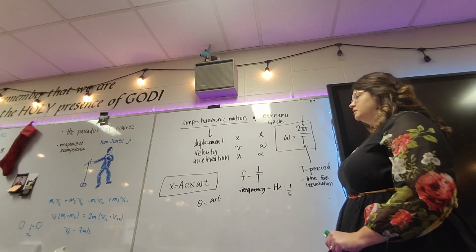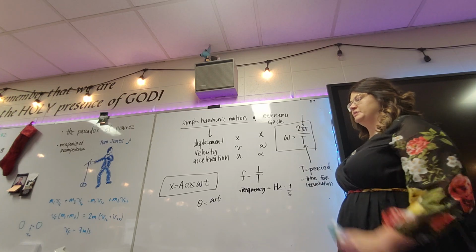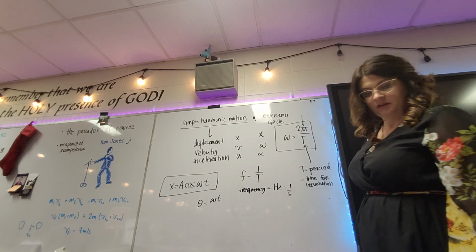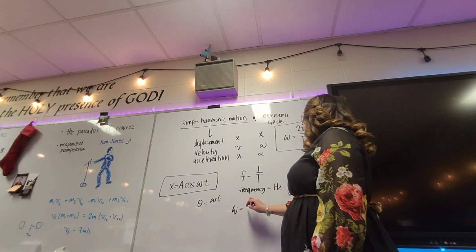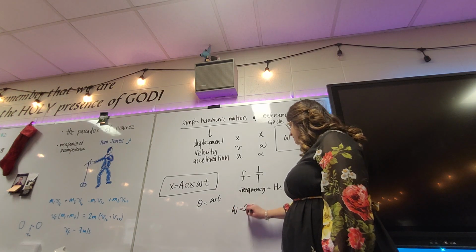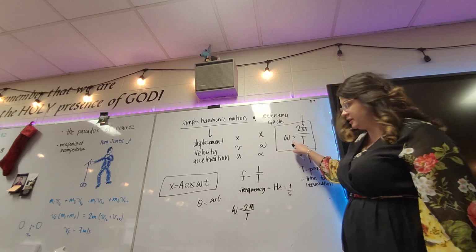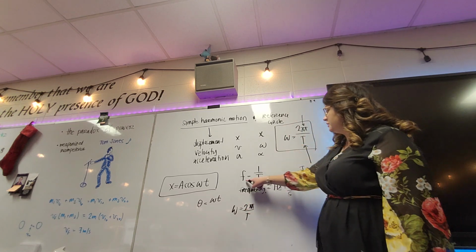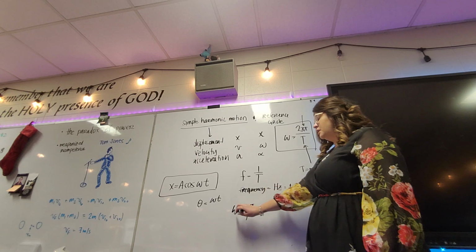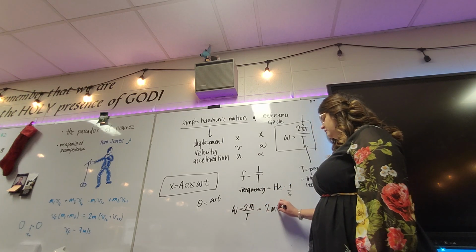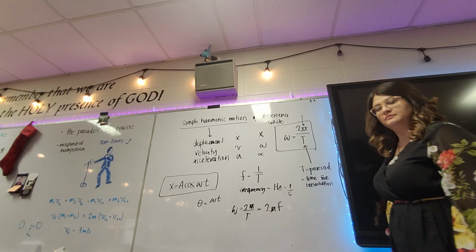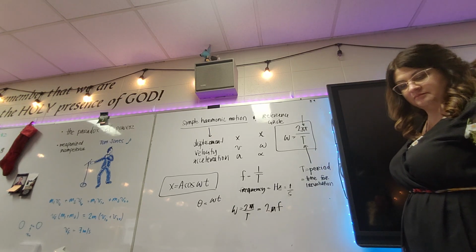Frequency tells us the number of times something happens in a second. Since frequency equals 1 divided by T, angular velocity is also equal to 2 pi f.